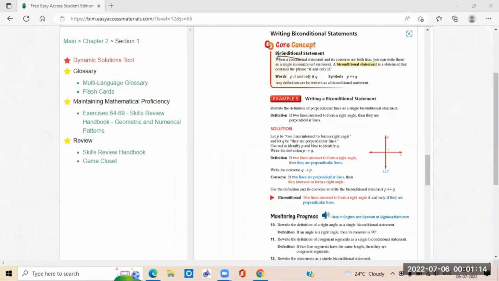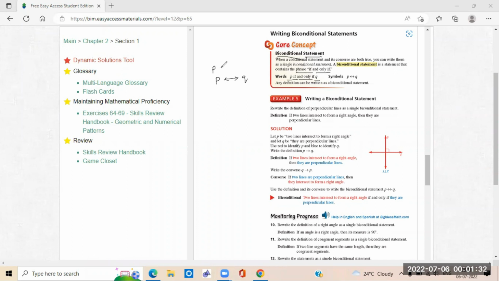A biconditional statement is the statement that contains the phrase if and only if. Means the words are P if and only if Q. And if you want to represent the biconditional statement, it is like this.